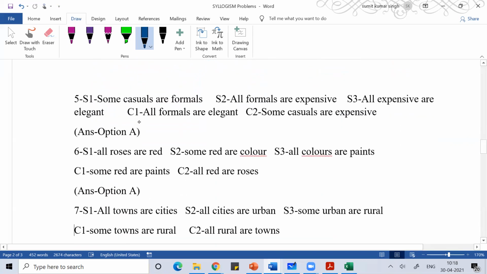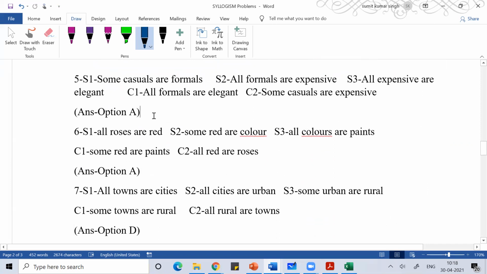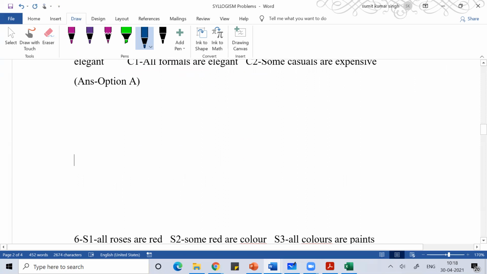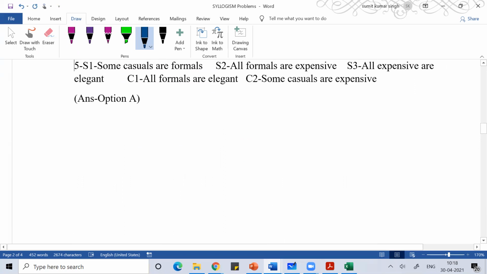Now you can see question number 5. Some casuals are formals.